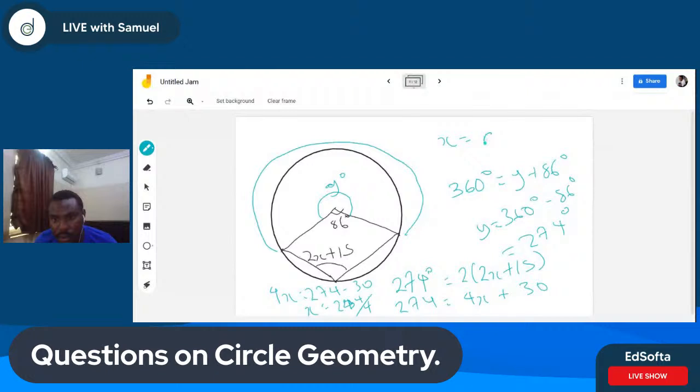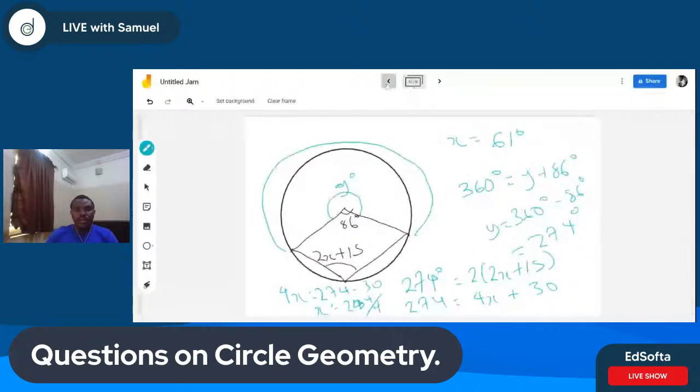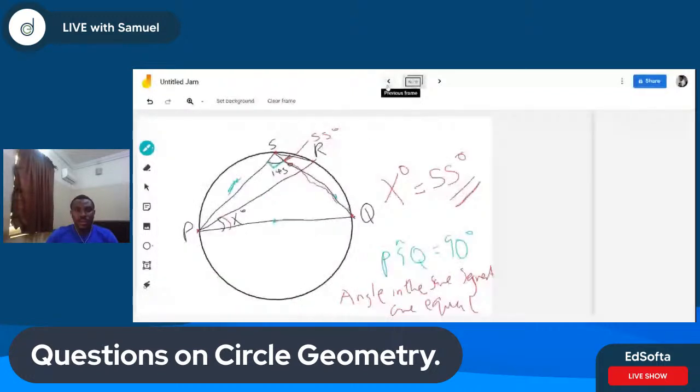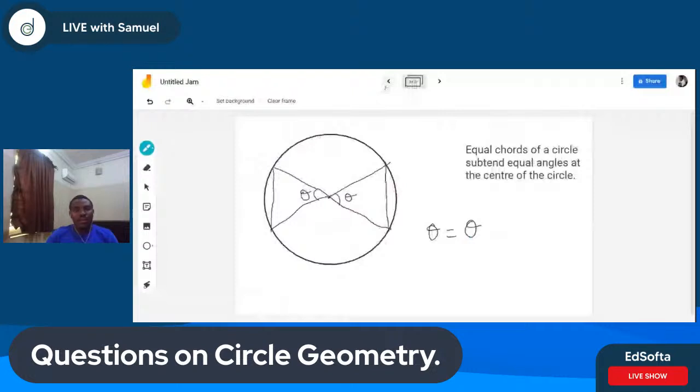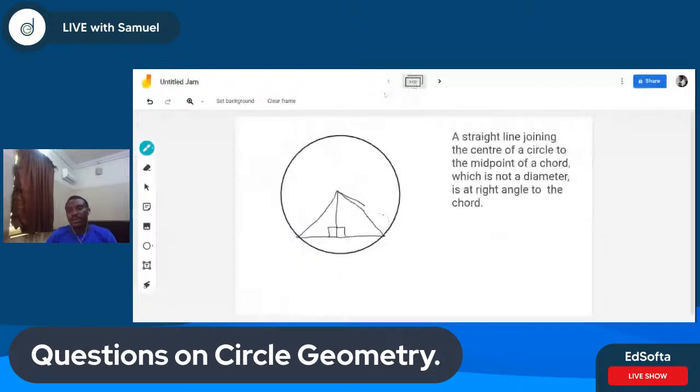I would advise that you take very good note of all these theorems. You might not be able to look at questions on each theorem, but it is still the same method for solving the problems.